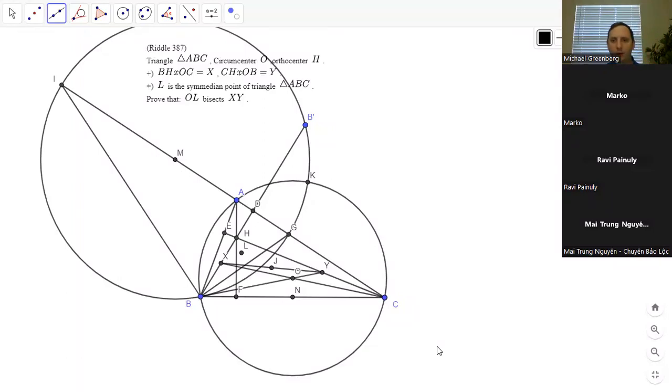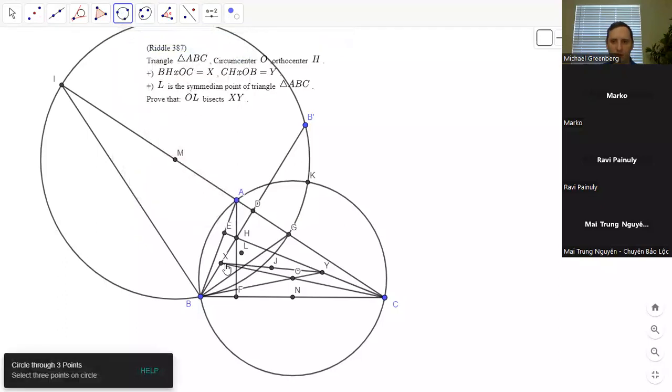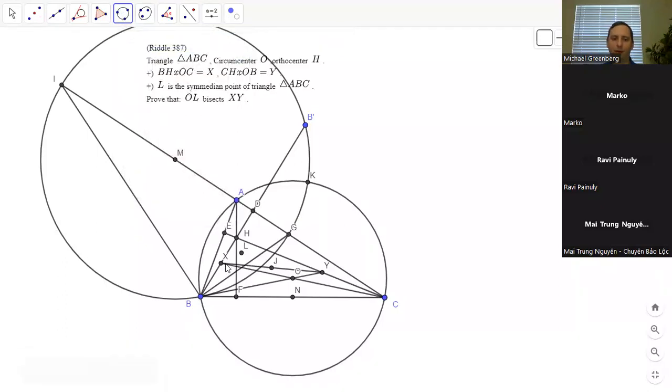J and N are collinear with the 9-point center. That's interesting. Could be useful. By the Gauss line. Okay.